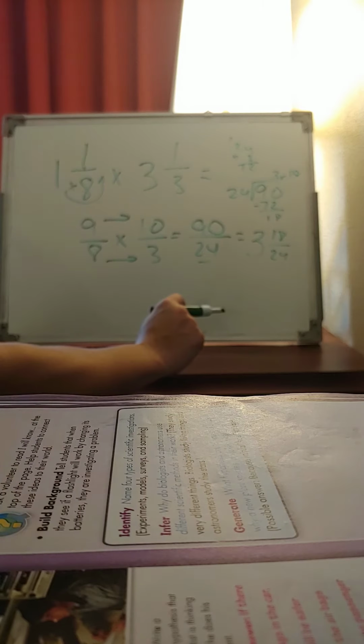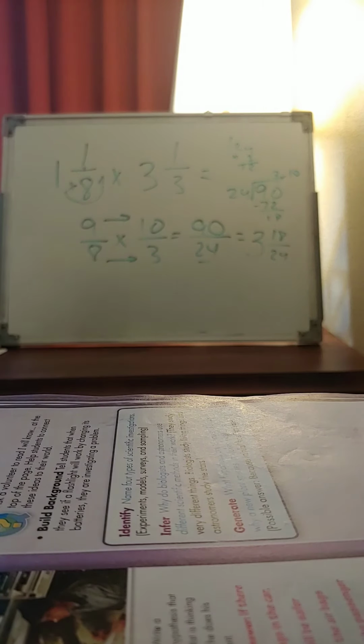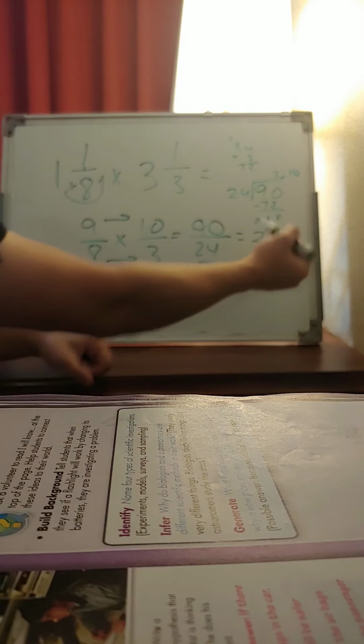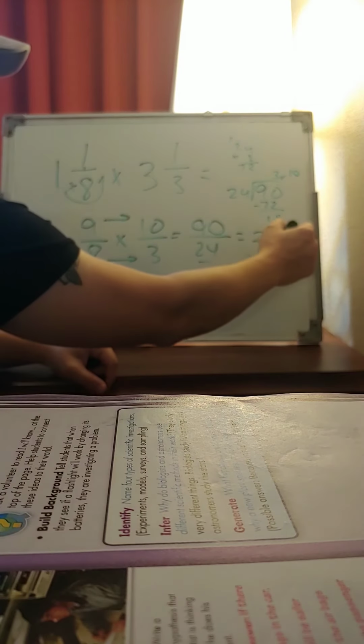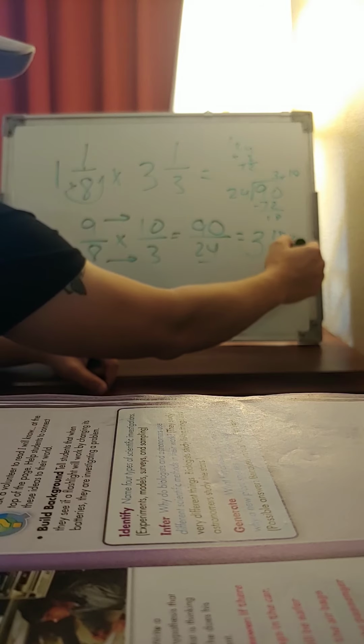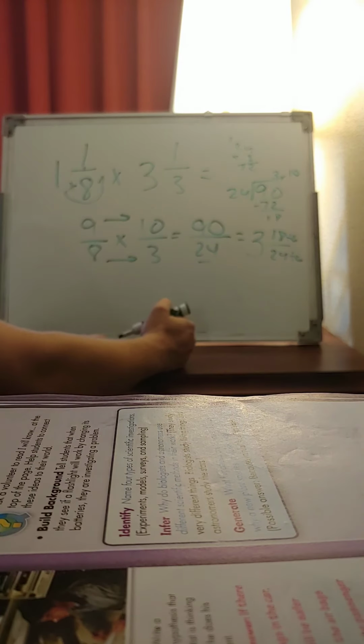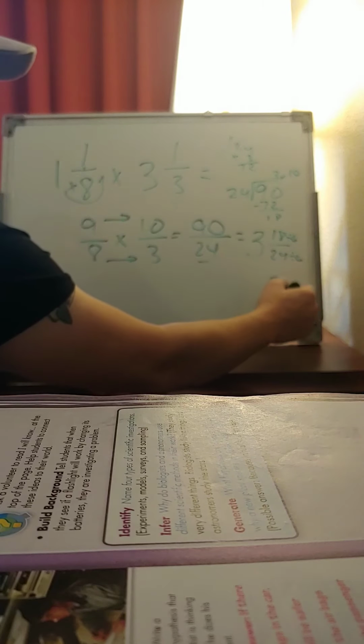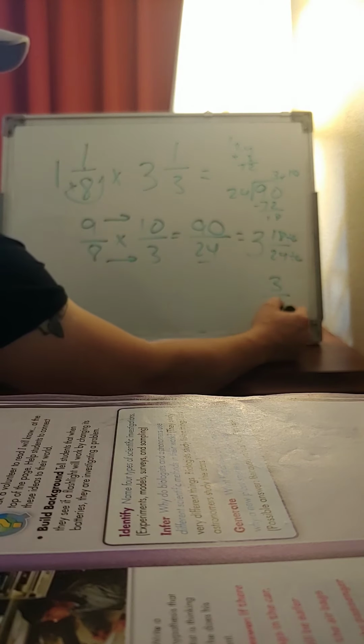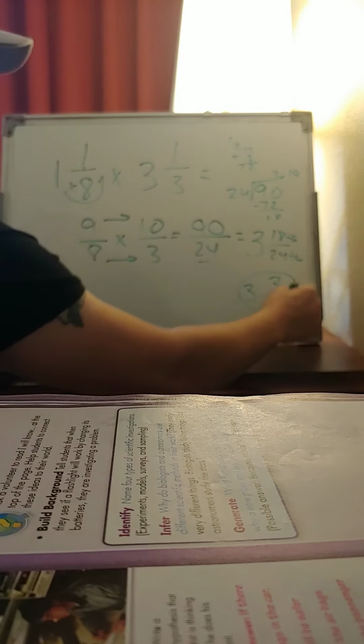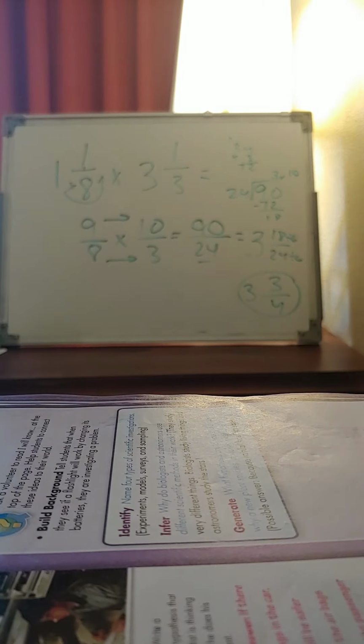So in our simplifying step, I say, is there a number that 18 and 24 can both be divided by? Okay, in this case, I know my multiplication facts. Yeah, I know this will work. 6 is going to work. Divide both by 6. 18 divided by 6 is 3. 24 divided by 6 is 4. 3 and 3/4. And I circle the answer.